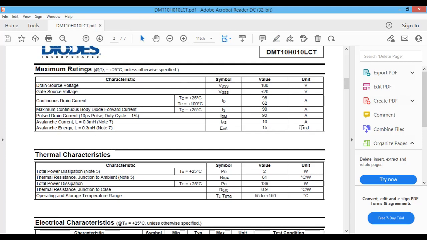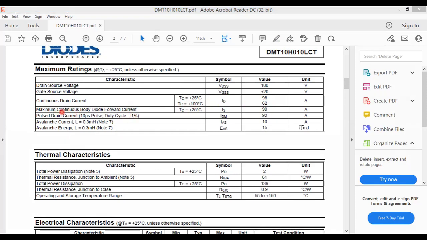And the continuous drain current that you should flow through the device when the device internal temperature is at 25 Celsius degrees junction temperature, you can drive 98 amps. But when it is heating, so if the junction temperature becomes 100 degrees, you can drive 62 amps. Otherwise, the device will fail.